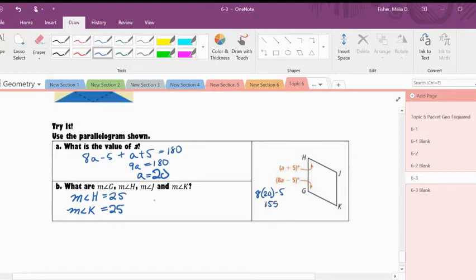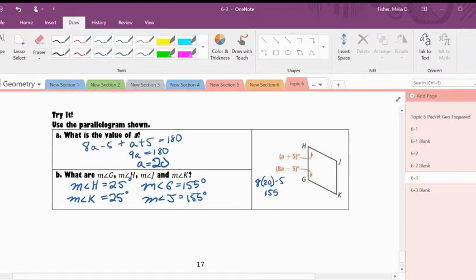So the measure of angle G equals 155 degrees, and the measure of angle J is also 155 degrees. And you can check that 25 and 155 add together to equal 180, and they are supplementary.